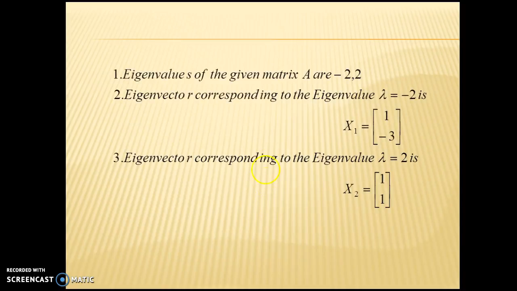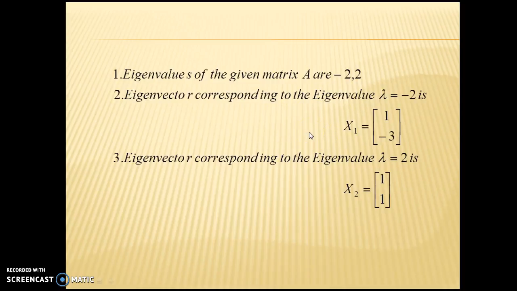Our eigenvalues of the given matrix are plus or minus 2. The eigenvector corresponding to the eigenvalue lambda equal to minus 2 is X1 equal to 1, minus 3, and the eigenvector corresponding to the eigenvalue lambda equal to 2 is X2 equal to 1, 1. This is the solution of our given matrix.